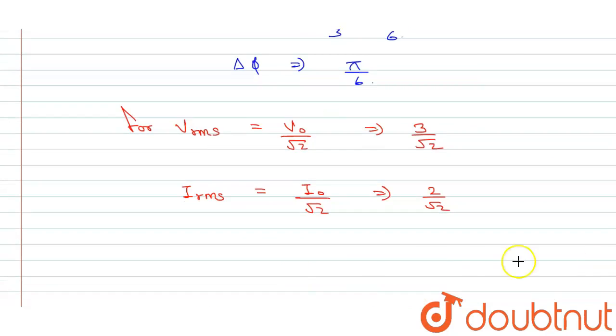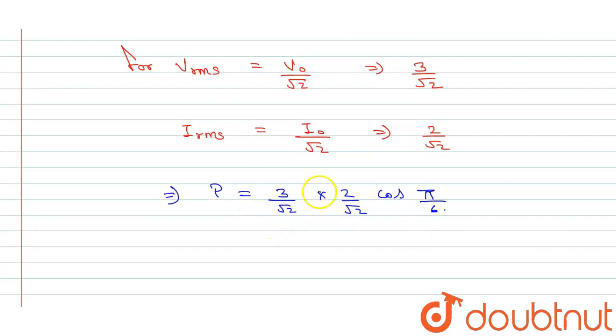Okay, so the equation will be P is equal to 3 by root 2 into 2 by root 2 cos pi by 6. Here we are just putting all these values of Vrms, Irms and cos delta phi.